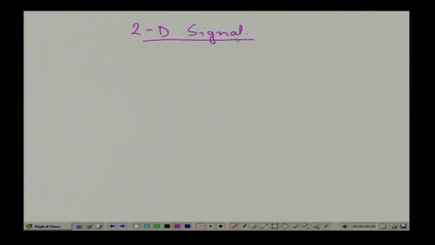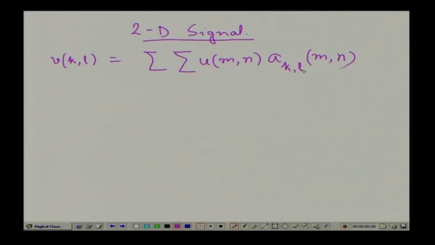then the same transformation equations will be of the form V k l is equal to double summation u m n into a k l m n, where both m and n vary from 0 to capital N minus 1.